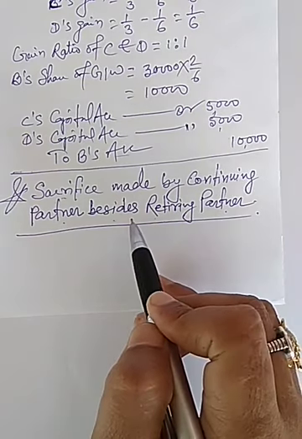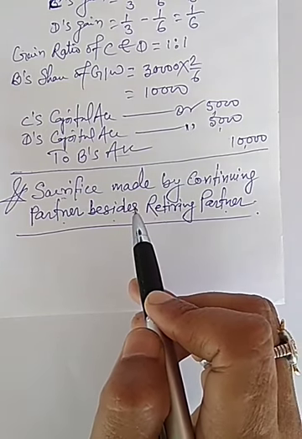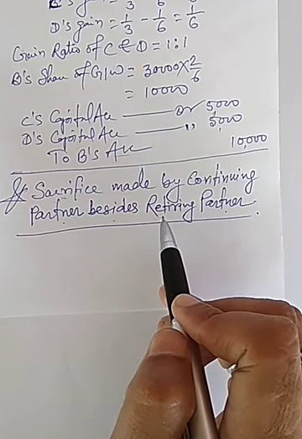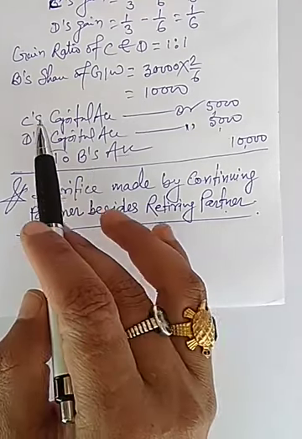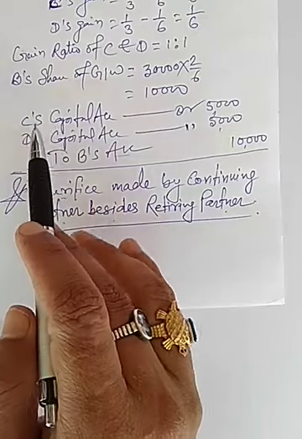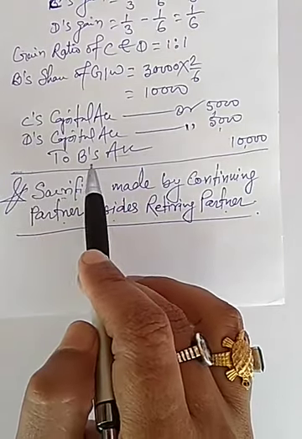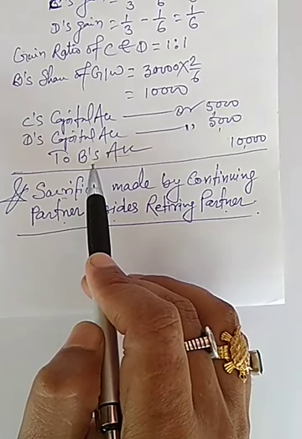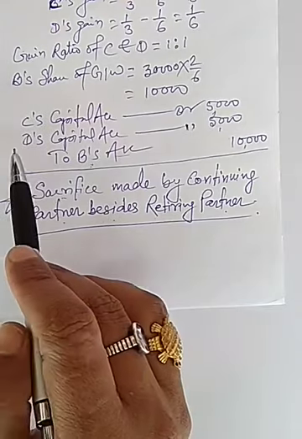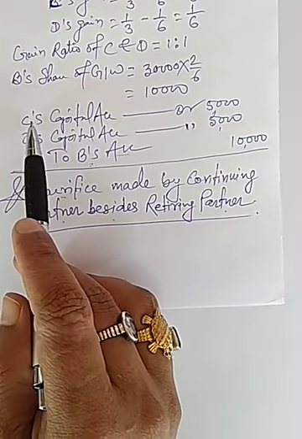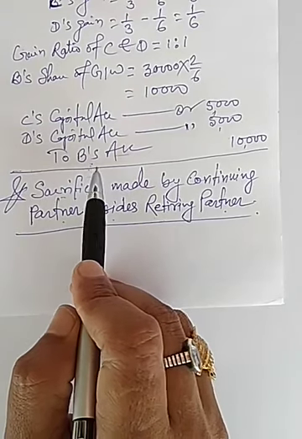That means a continuing partner will also sacrifice. Suppose in this previous question B is the sacrificing partner, but besides B, C also may be a sacrificing partner.